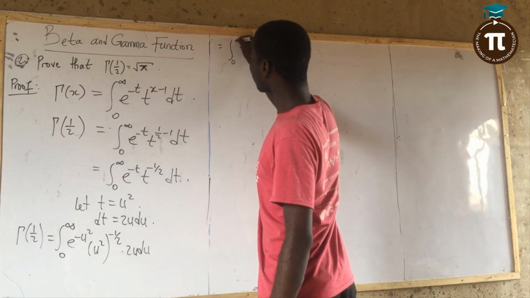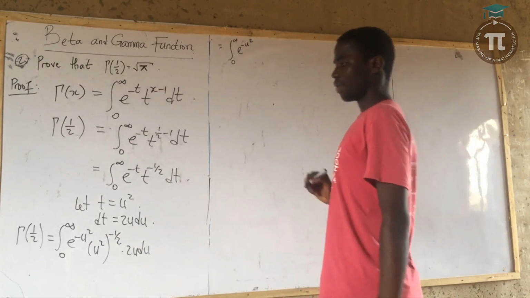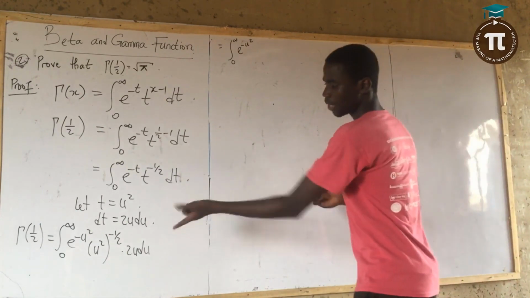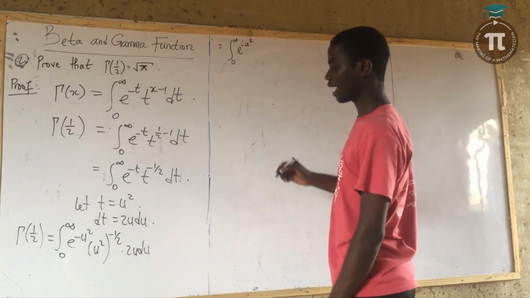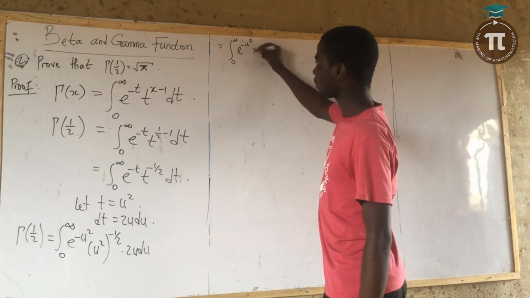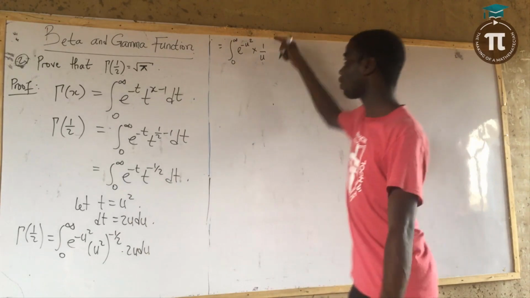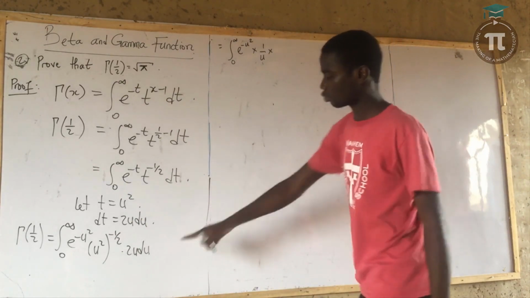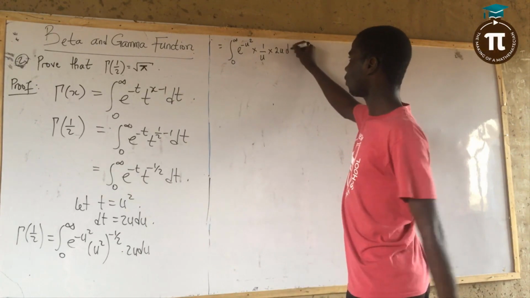So this will be equal to the integral from 0 to infinity of e raised to the power minus u squared, right? The square will cancel the square root. The square here will cancel the 2 here as well. I'll be left with u raised to the power of minus 1. U raised to the power of minus 1 is 1/u multiplied by 2u du.